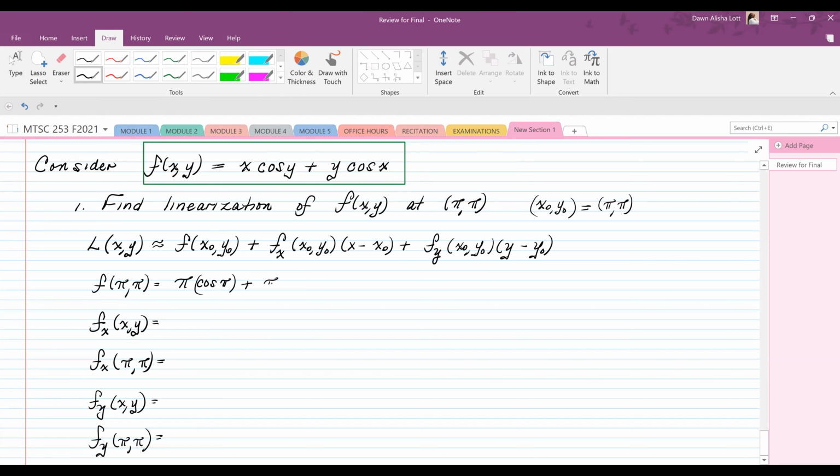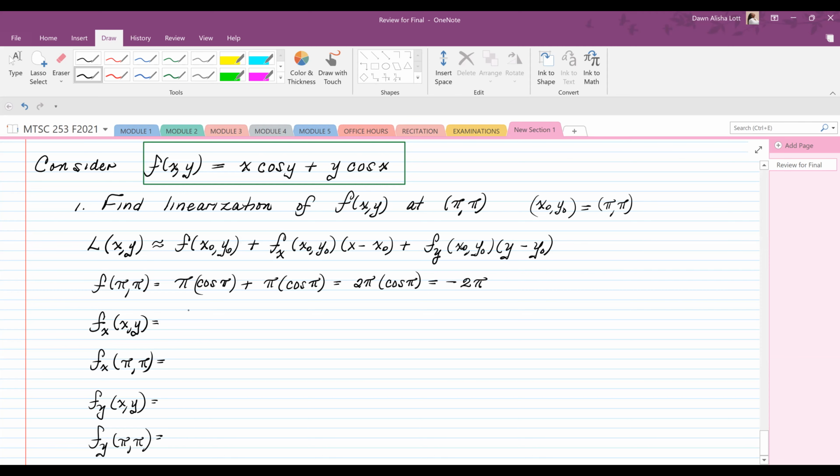So 2 pi cosine pi. What's cosine pi? -1. Yep. So -2 pi. Okay, so the first hurdle's over.